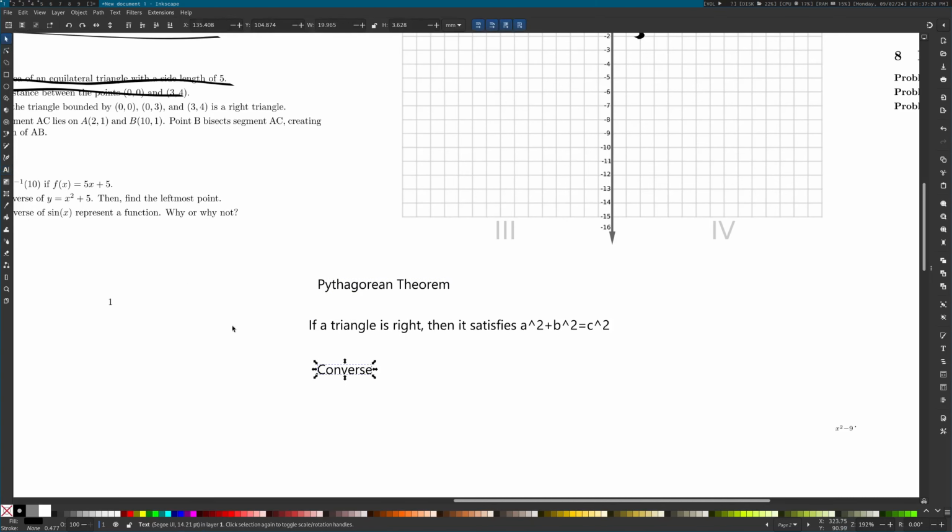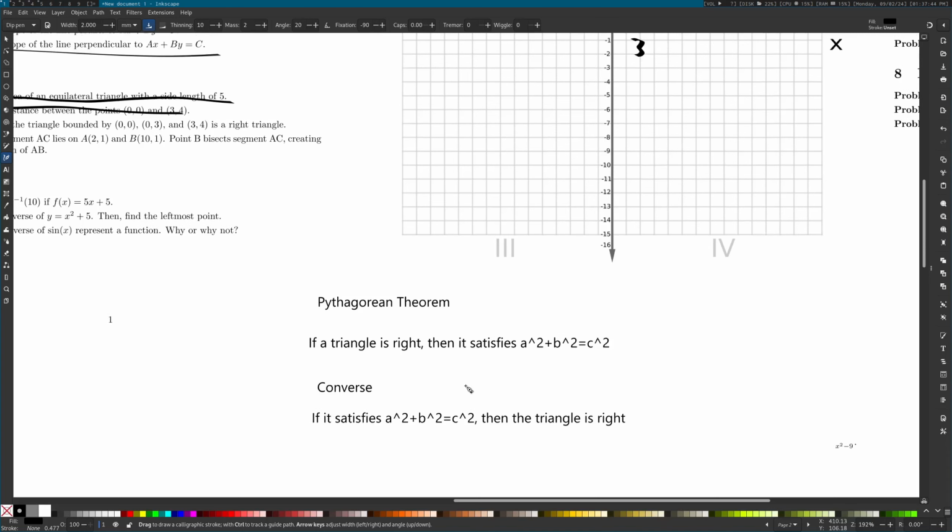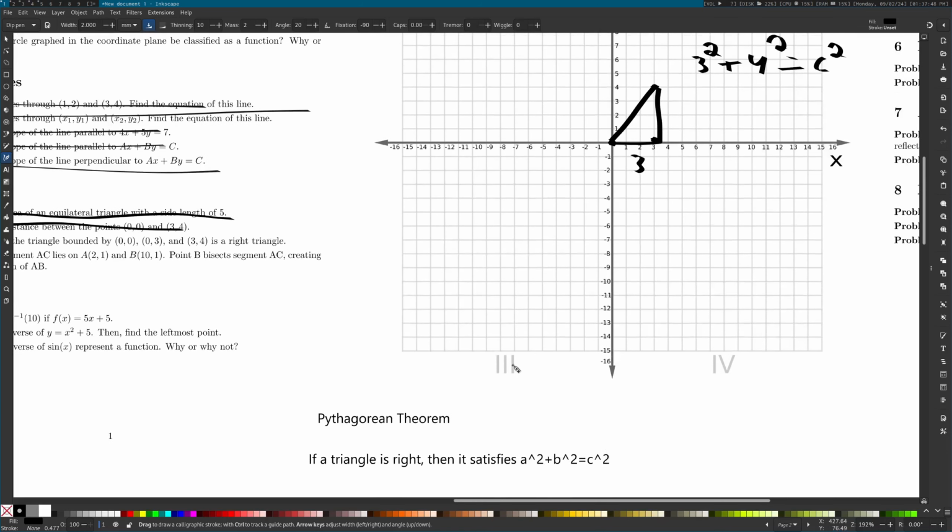It's the statement reversed. If the triangle satisfies a squared plus b squared equals c squared, then it's right. The converse is not always true in general, but for the Pythagorean theorem, the converse is true.